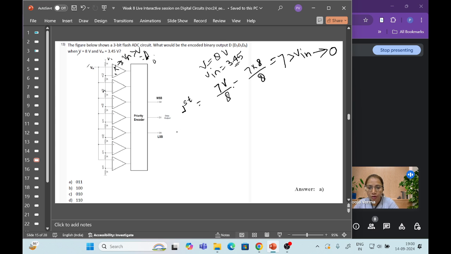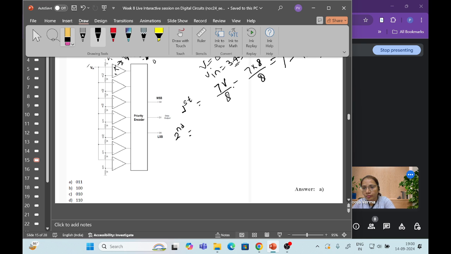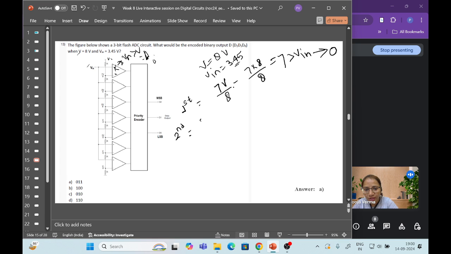Now check for the next op-amp, that is the second. Here the input is 3V by 4. You can find it out by the voltage divider circuit also. 3 into 8 divided by 4, so you will get 6 volt at this point, and in the positive input it is 3.45.